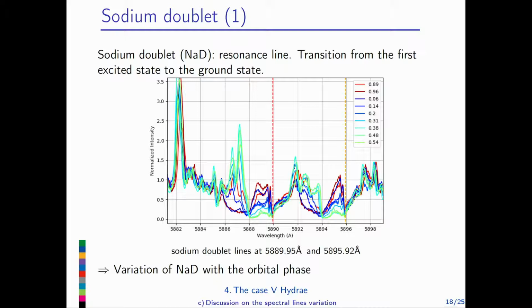So for example, here you have in green, around phase 0.5, molecular pseudo-emission that totally disappears at some other orbital phase. So we have a variation of this sodium doublet with the orbital phase.